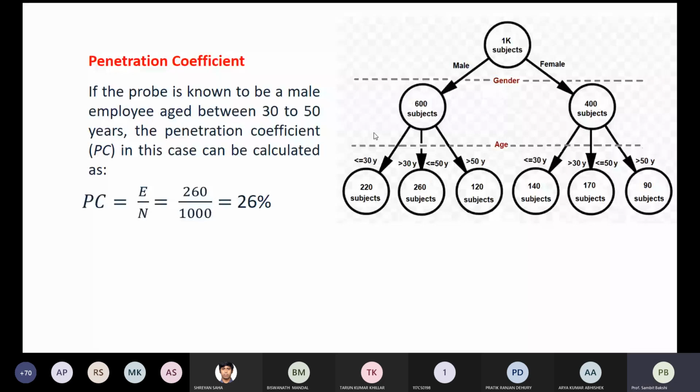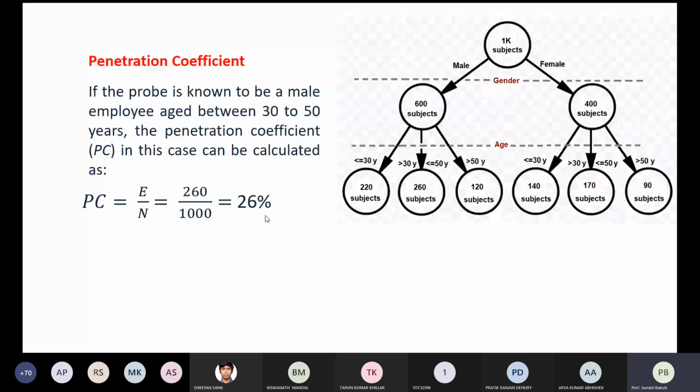Out of 1,000, you are searching 260 subjects, so your penetration rate is 26%. A low penetration coefficient is good. A high penetration coefficient is bad. When it goes close to 100%, that is bad. If you are able to find the proper person with less penetration, that is good.